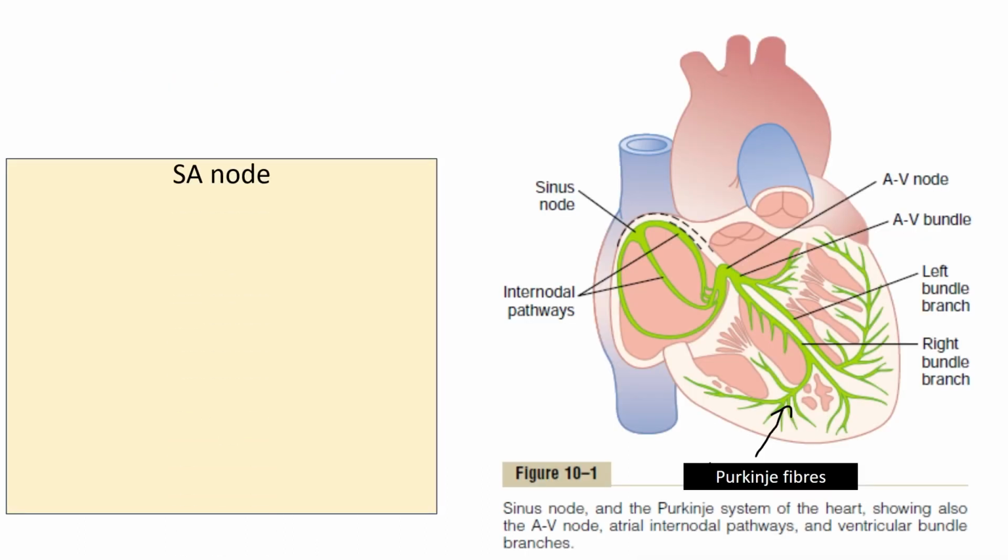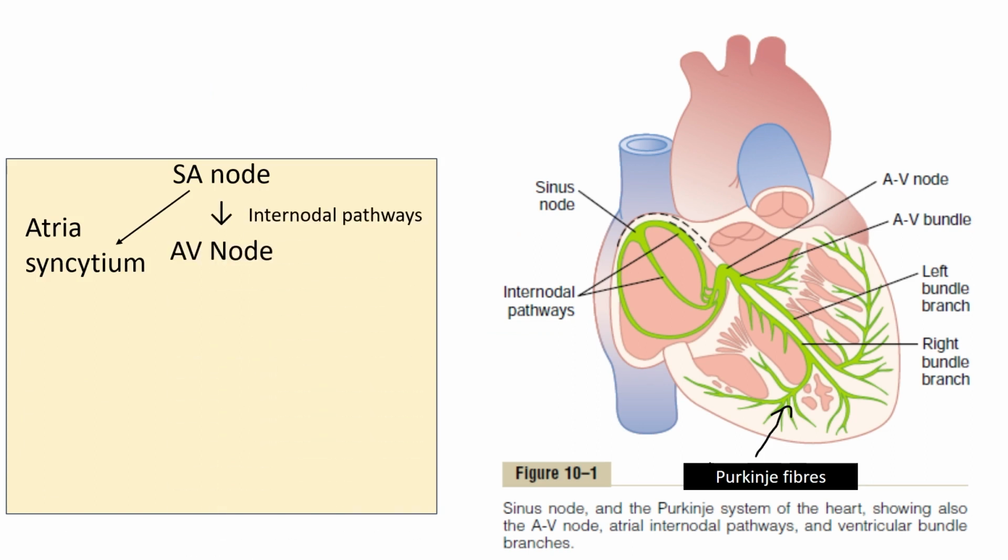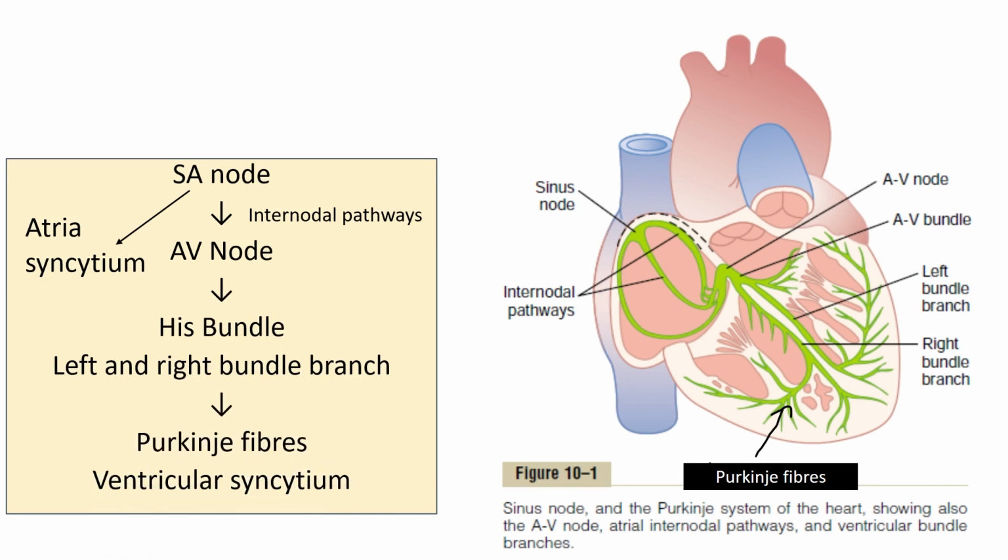This diagram shows how the impulse generates from the SA node to the AV node. From the SA node the impulse is transmitted to the AV node through the internodal pathways. Mainly there are three types of internodal pathways. From the AV node to the bundle of His, there are left and right bundles of His, and bundle branches.